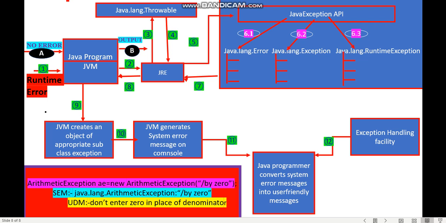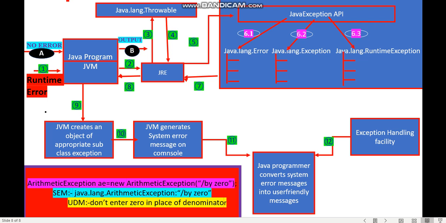In step 9, JVM creates an object of the appropriate exception subclass. All of you see the red color rectangle on the screen. For example, for a division of two numbers program, if the user enters 10 and 0 as the input, here the denominator is 0. That is, there is an exception.